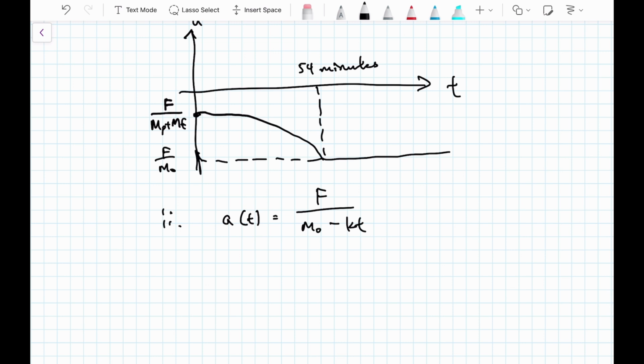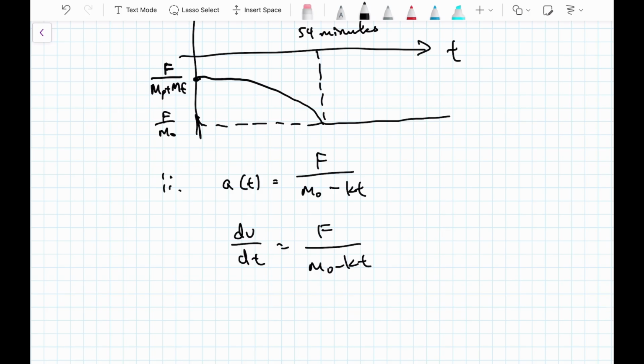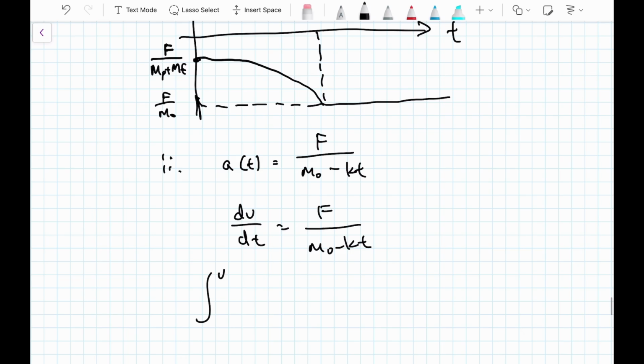So dv over dt is equal to F over mp minus kt, and we integrate from v0 to v, and from 0 to t, F over mp minus kt dt.